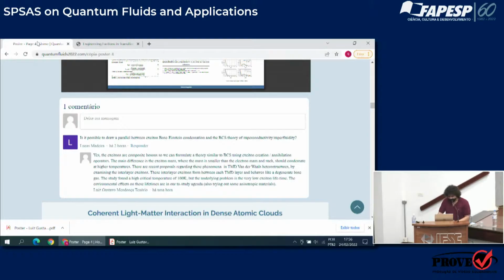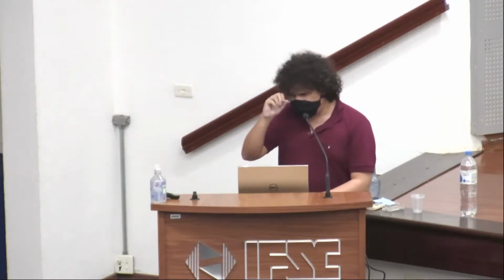Is it possible to draw a parallel between exciton Bose-Einstein condensation and the BCS theory of superconductivity? So it is possible, and recently we have some studies about how they form in a double-layered TMD with hBN, boron nitride, between the layers. When we have these interlayer excitons, these bound states of electrons and holes, they behave under certain conditions similarly to a degenerate Bose gas.